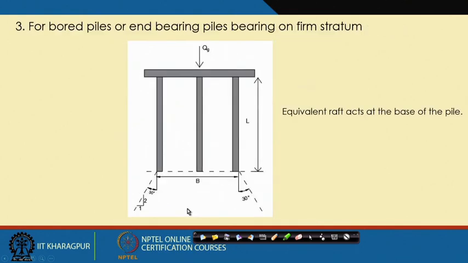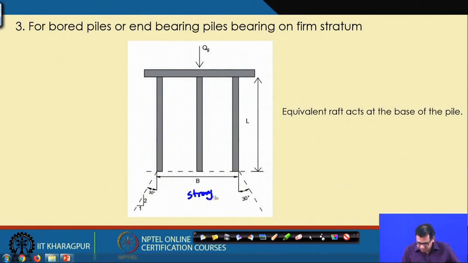And then if this pile rests on a very strong layer, because this is the very strong layer, the soil is very strong and the pile is rested on the strong layer, then from that base you have to distribute the load, and at that base you have to place the raft.